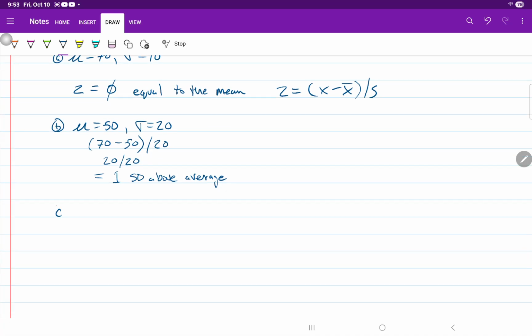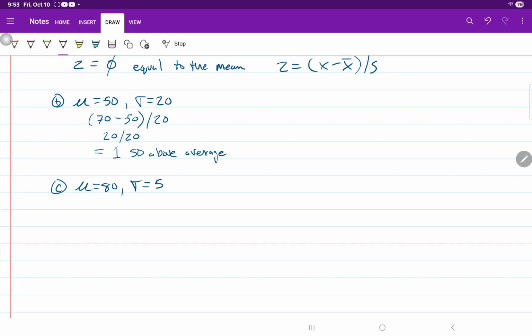How about class C? Let's see. We have a mean in this instance of 80. Standard deviation, I'll write it as sigma, is equal to 5. You scored a 70, so you did less than the mean.